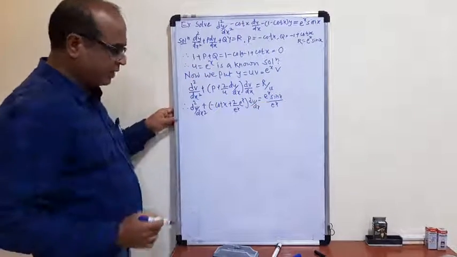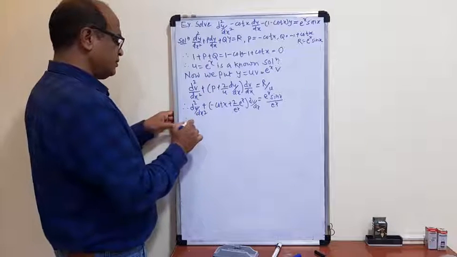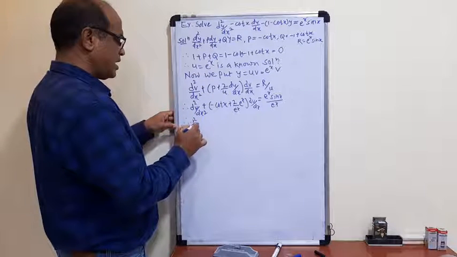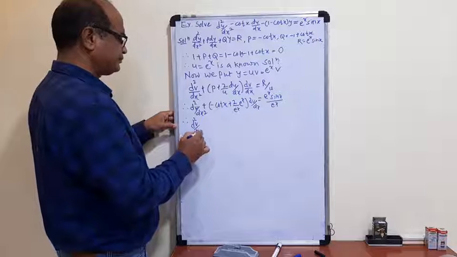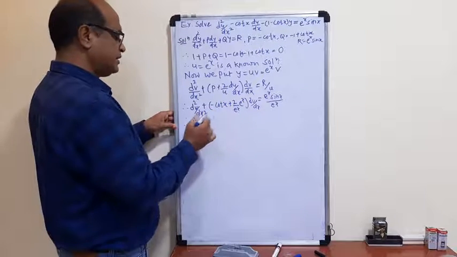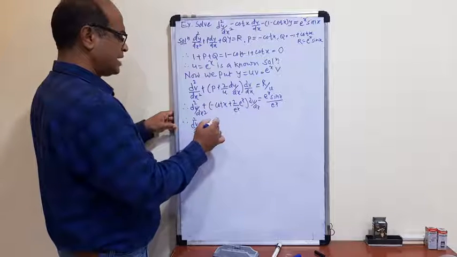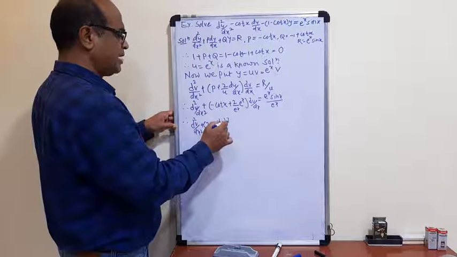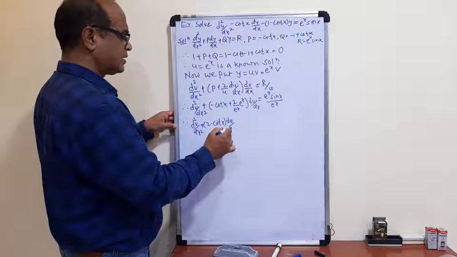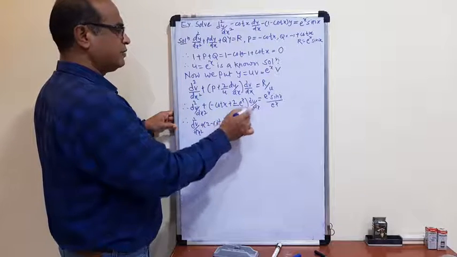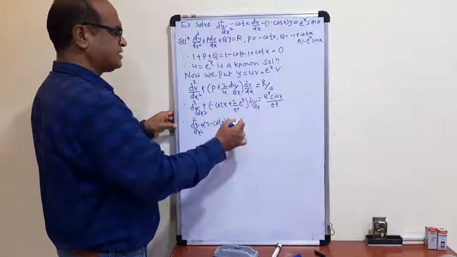Okay? So this equation becomes d2v by dx square, e raised to x gets cancelled, so plus (2 minus cot x) dv by dx is equal to, e raised to x gets cancelled, sin x.